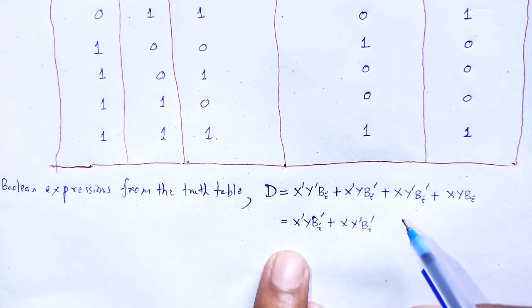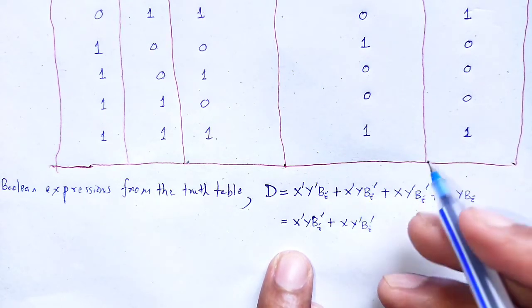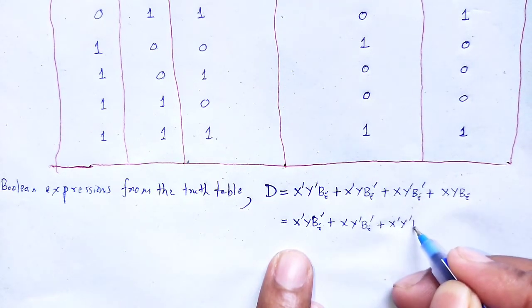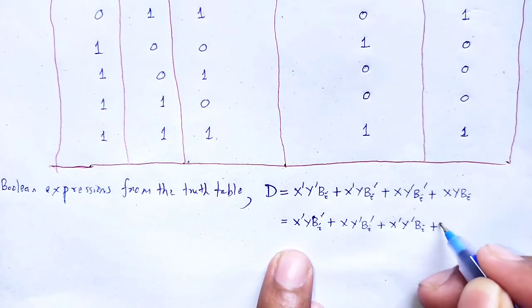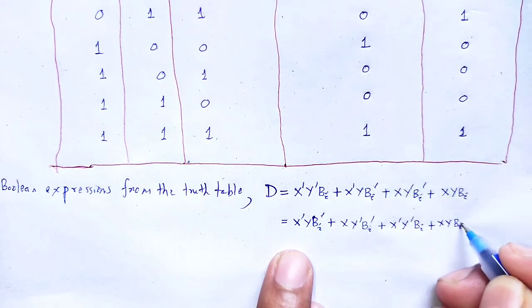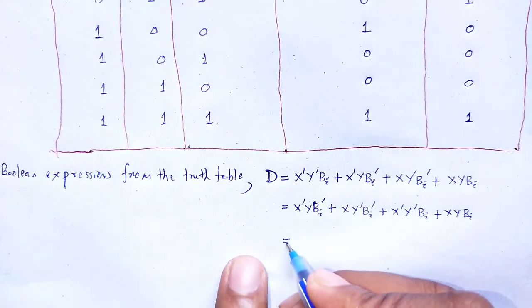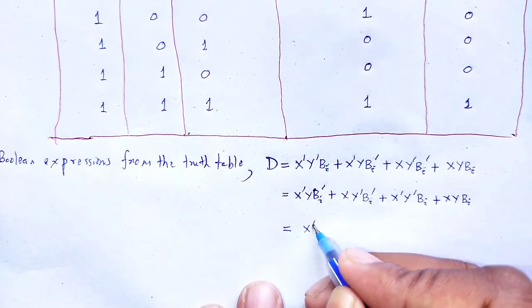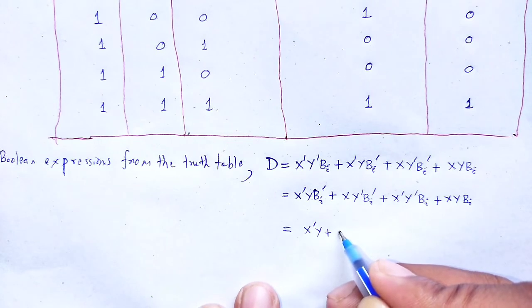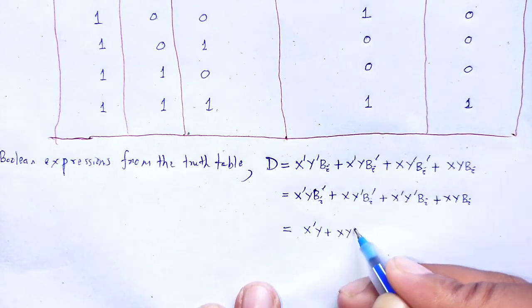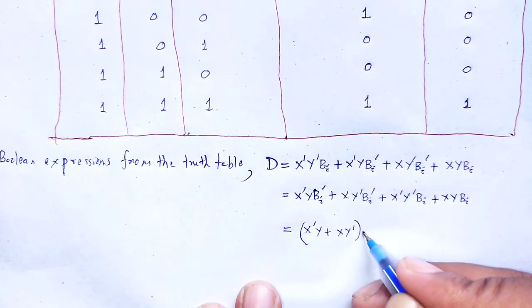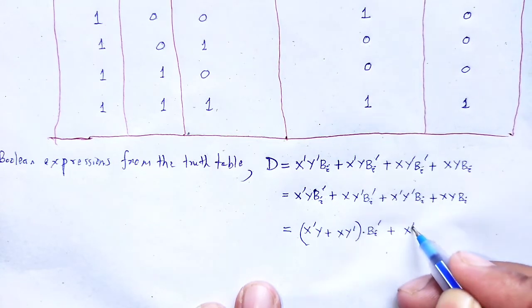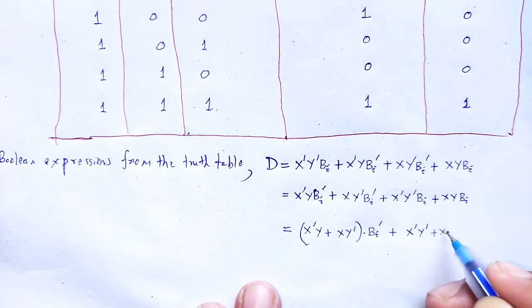From the first two terms, bi prime as common. So x prime, y, plus x, y prime, bi prime, plus x prime, y prime, plus x, y.